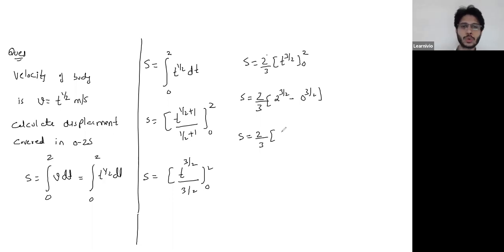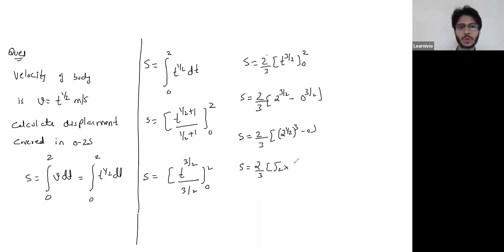You can write this 2 to the power 3 by 2 as 2 to the power half and then cube. And this is almost 0. Sania, you're making a mistake in this calculation. Fazil, again, you two are making a mistake in the same calculation. 2 to the power half cube minus 0. So you can write your displacement as 2 by 3, 2 to the power half cube.